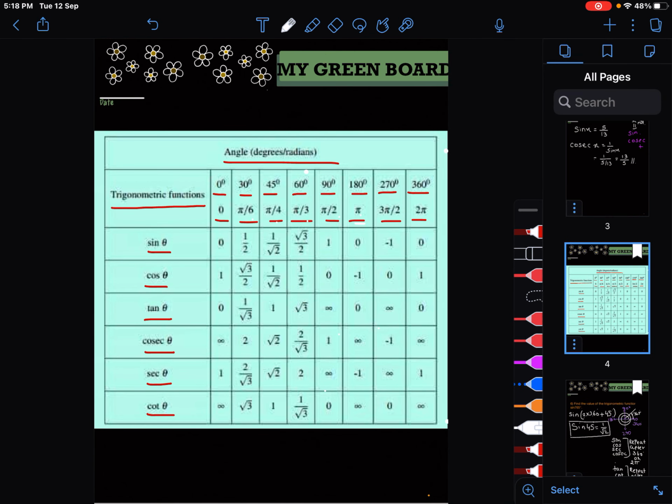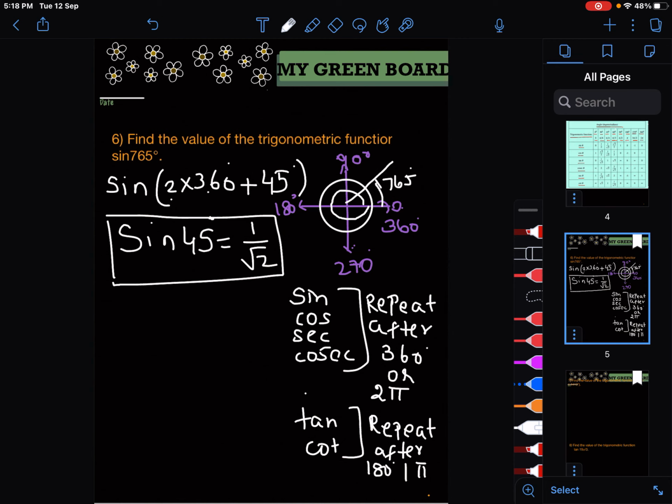Any doubts? Only thing you need to know is that sine, cos, secant and cosec repeat themselves after 360 and only tan and cot repeat after 180. So after how many 360, this becomes your multiple of 360. The formula actually you need to remember.